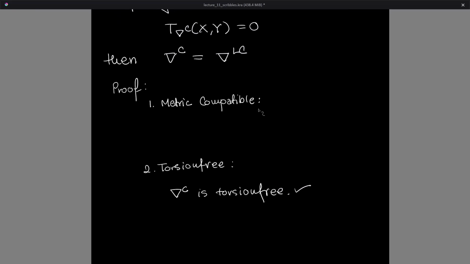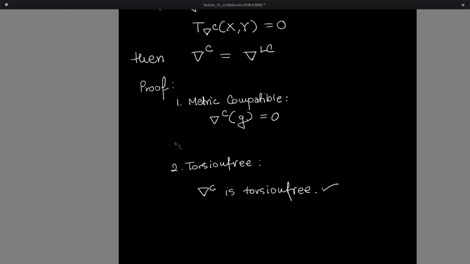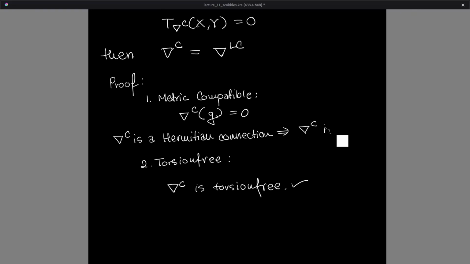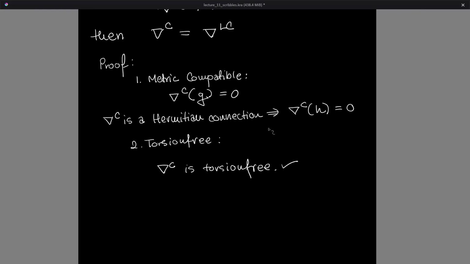For metric compatibility, we need nabla^C of g is equal to 0. But we're on a Hermitian manifold, right? What we have now is the Chern connection, which is a Hermitian connection. So nabla^C is a Hermitian connection, which means that nabla^C is compatible with H. But g, as we saw, the induced Riemannian metric, is just the real part of H, right?